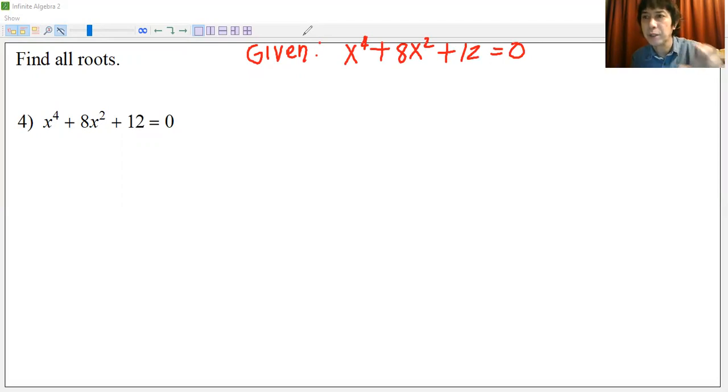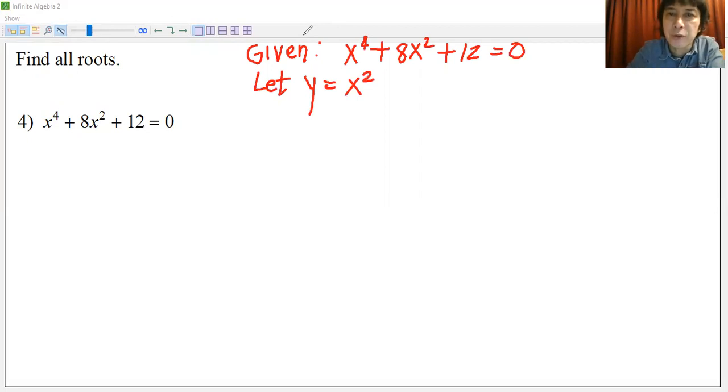So we can write x squared equal to some letter. So we're going to have now our substitution. Say we use y, or w, or a u, any letter will do. Okay, so let us try the letter y. Let y be equal to x squared.